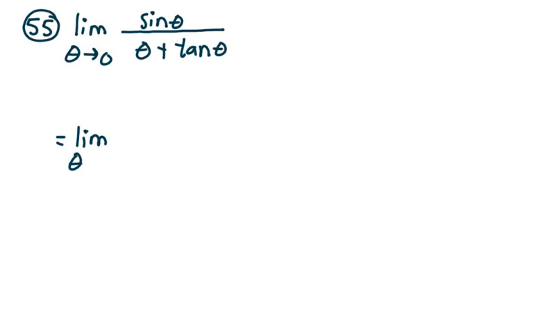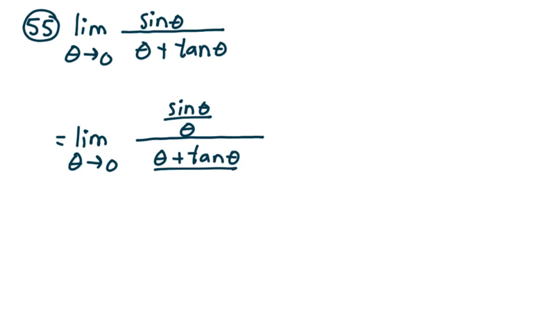So I'm going to take the limit as theta goes to 0, and what I'm going to do is I'm going to divide the numerator and denominator by theta. So in the numerator, I get sine theta divided by theta, and in the denominator, I get theta plus tangent theta divided by theta. Okay?